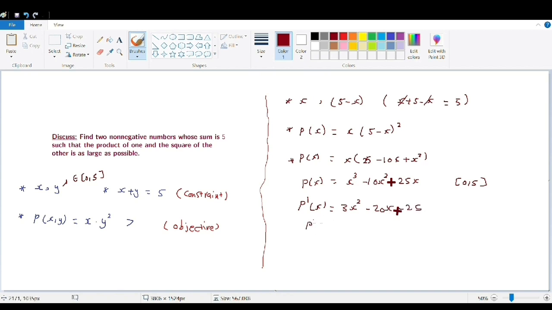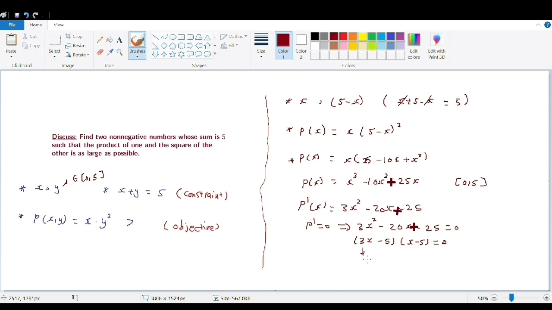So p prime is equal to 0. That means 3x squared minus 20x minus 25 is equal to 0. Now we try to solve this equation for x, we can factorize it. So it will be 3x plus 5 multiplied by x minus 5 is equal to 0.